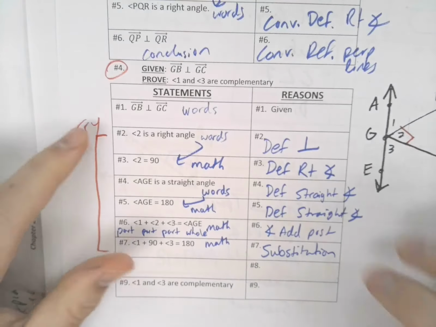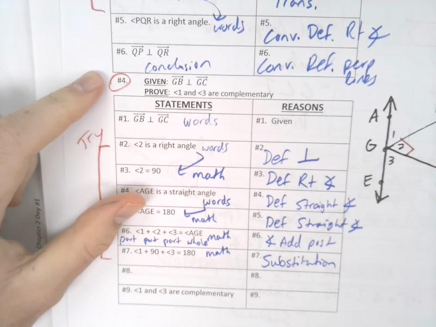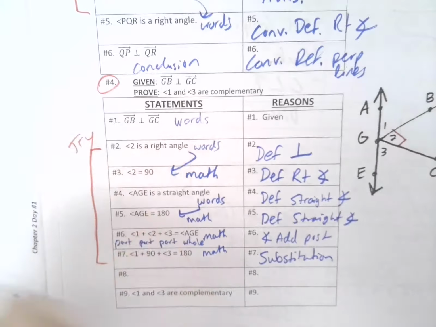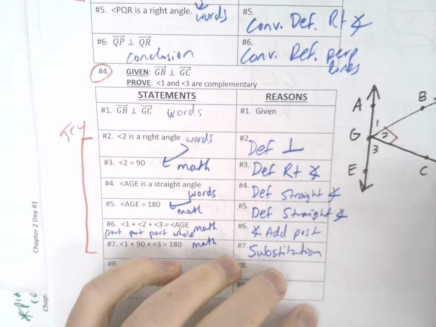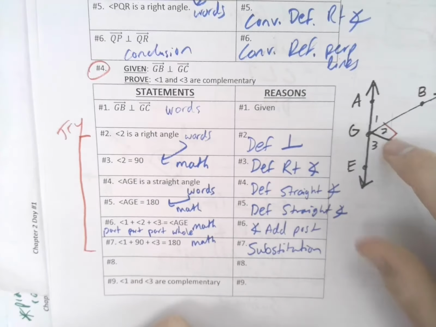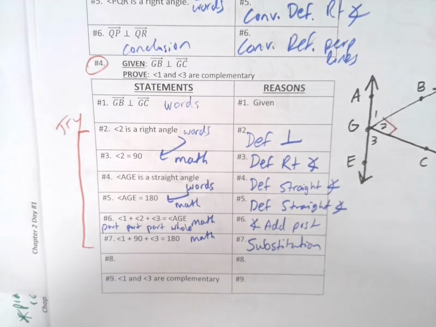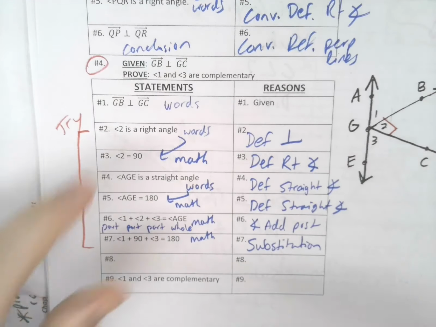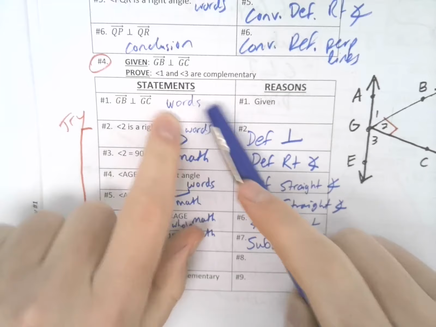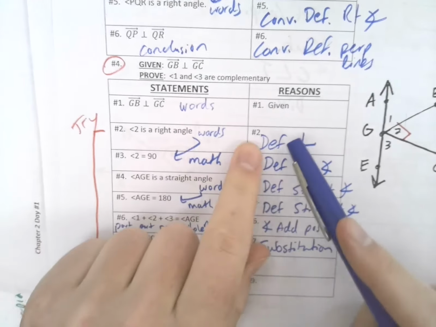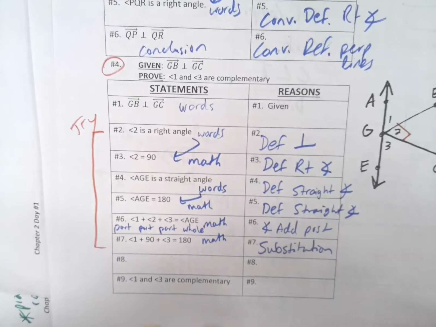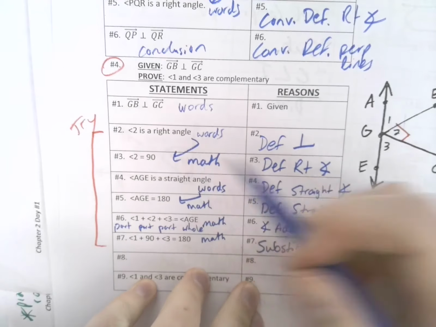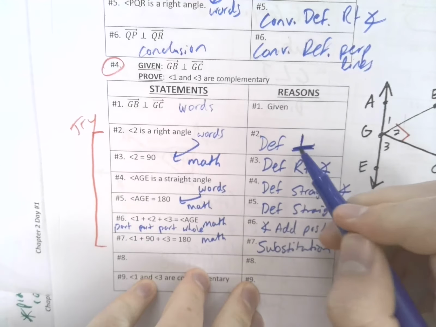Let's see what you guys are thinking on number 4. So we are given that these two lines, GB and GC, are perpendicular. That means that angle 2 should end up being a right angle, but we have to prove that. So we're given words followed by words, which means we have a straight definition. If we have angle 2 as a right angle, that's the definition of perpendicular lines.